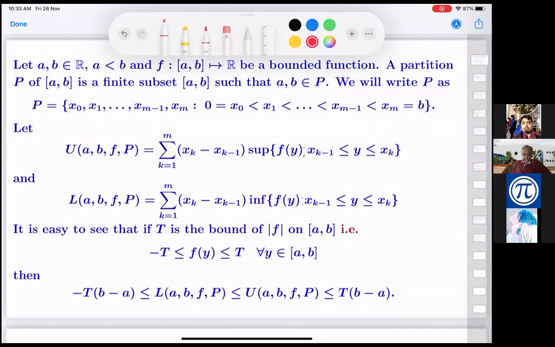In that case, this supremum will be less than or equal to T and this infimum will be greater than or equal to minus T. So minus T times the length xk minus xk minus 1 is non-negative, and the sum of those will be b minus a. So minus T times (b minus a) is always less than or equal to the lower bound, less than or equal to the upper bound, less than or equal to capital T times (b minus a).